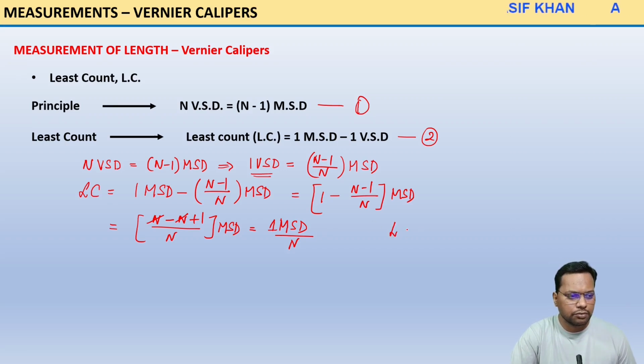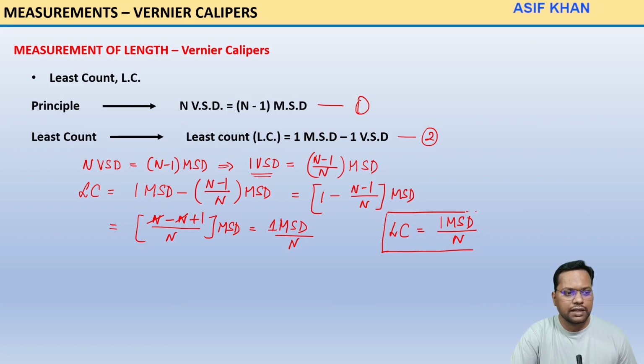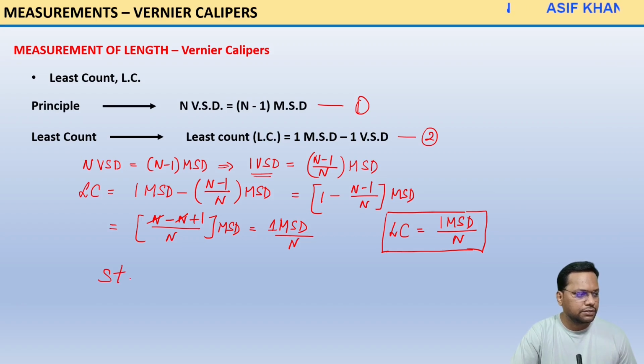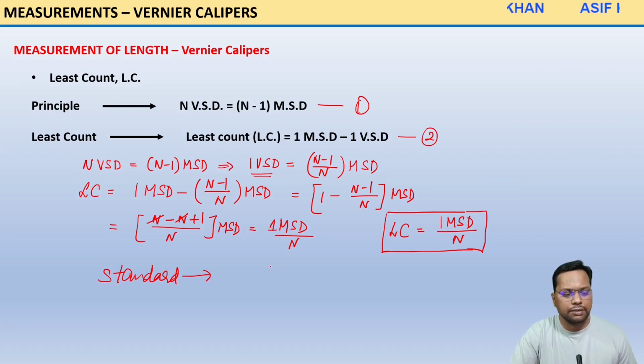That is, least count is equal to 1 main scale division divided by the total number of Vernier scale divisions, that is capital N. Now, if the given Vernier calipers is a standard one, in the case of a standard Vernier calipers, 1 main scale division is equal to 1 mm, and the total number of Vernier scale divisions is equal to 10.